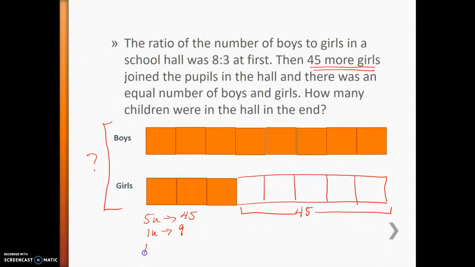So 16 units is going to equal 9 times 16. And if we work that out over here in our little calculator area, we have 9 times 6, which is 54, and 9 times 1, which is 9, plus 5, which is 14. So we have 144 children in the end.